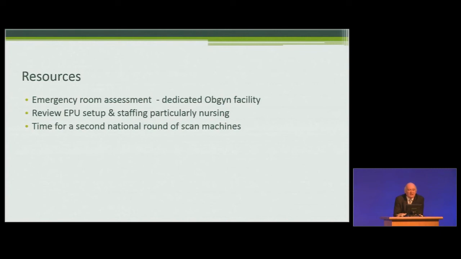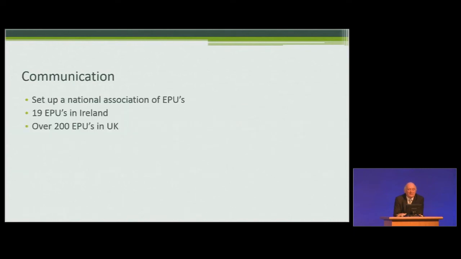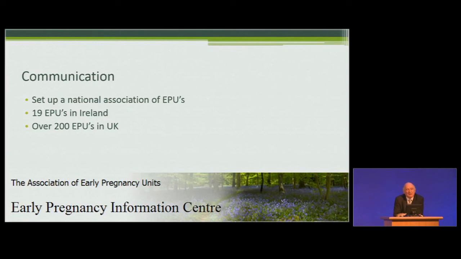Communication. Should we have a national association of EPUs? We've 19 EPUs in Ireland, and there's 10 times that number in the UK. Now, the UK EPUs are very well organised together as the Association of Early Pregnancy Units, and they've always had this nice little picture of the little bluebells, and they convey a very get-together and a very caring image.